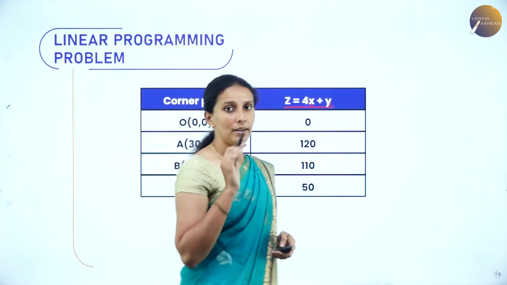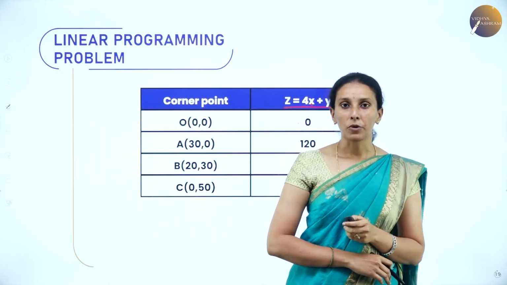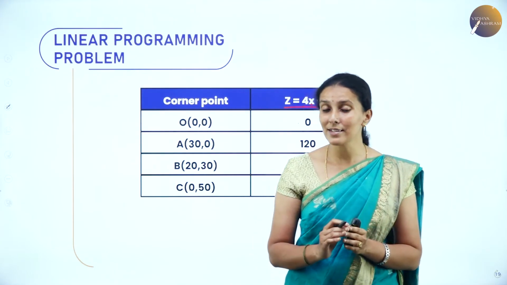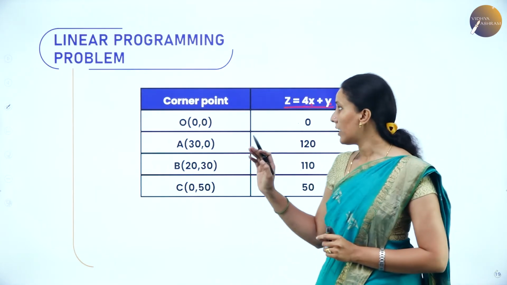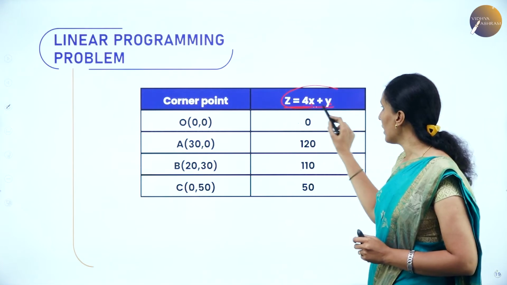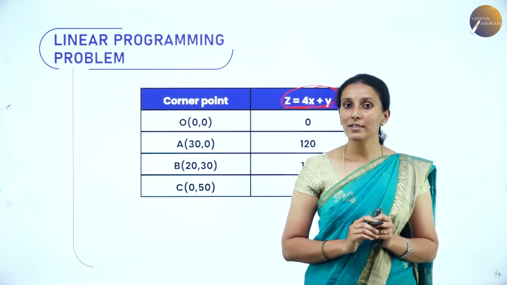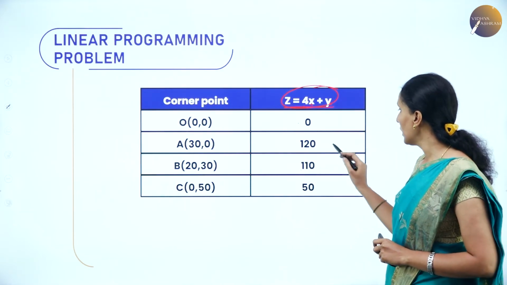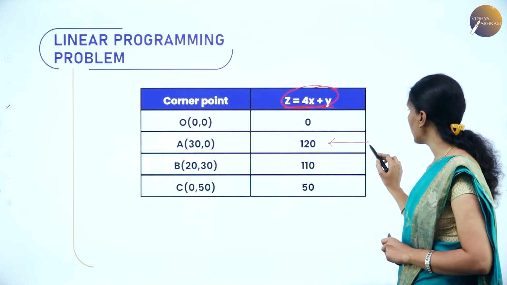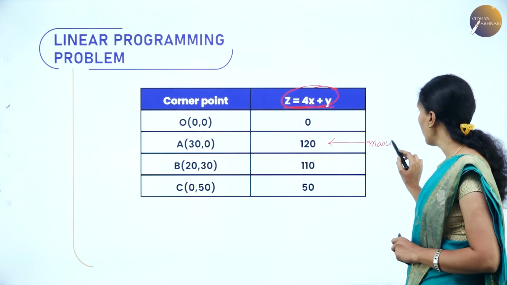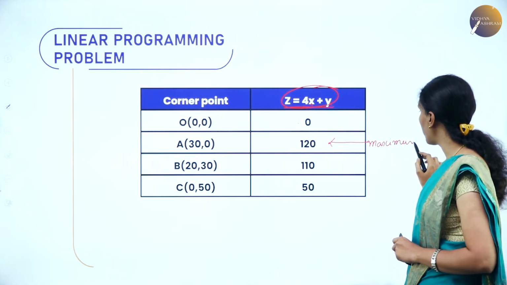So what was the linear programming problem given? Maximize 4x plus y. That is nothing but we are finding the maximum value of 4x plus y. Which is the maximum value of 4x plus y here? That is 120. So this is the maximum value, which is also called the optimal value.